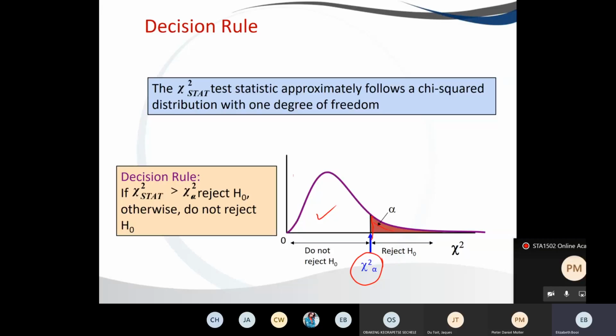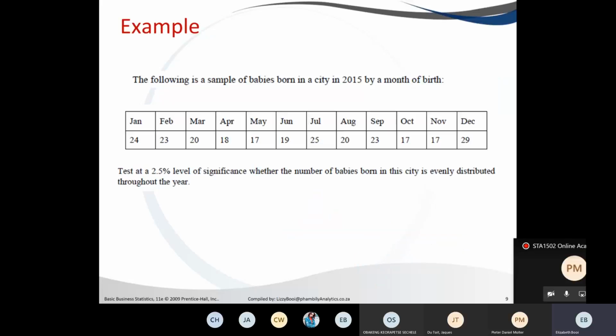So let's look at an example. Let's say we have this data. It's a sample of babies born in a city in 2015, from January until December. We recorded and counted how many babies were born in each month, and that is the table we completed.